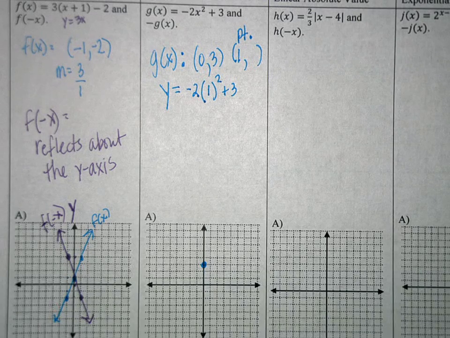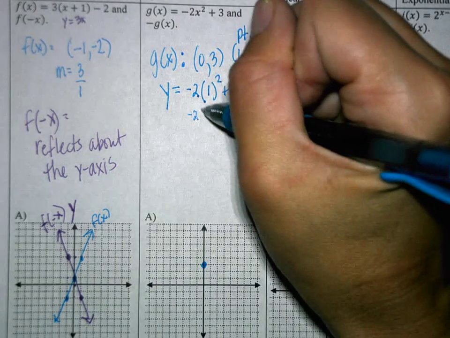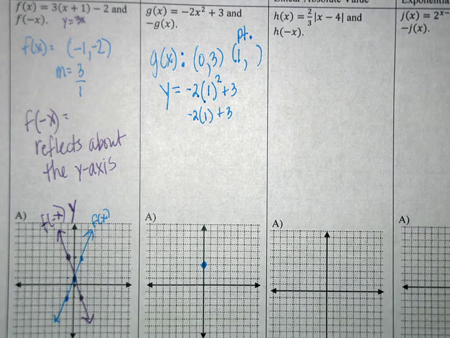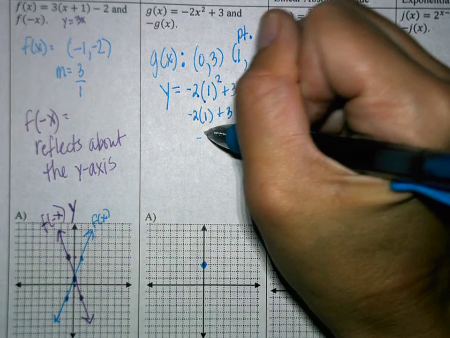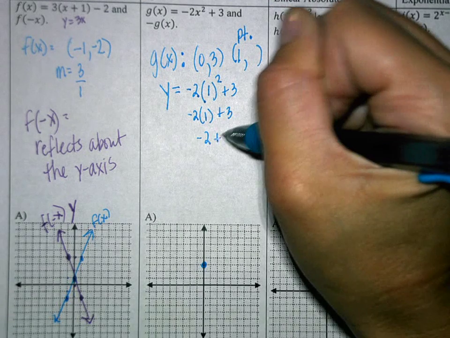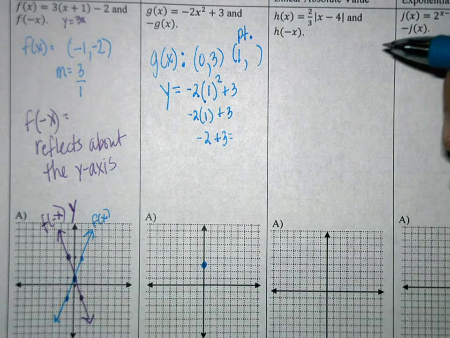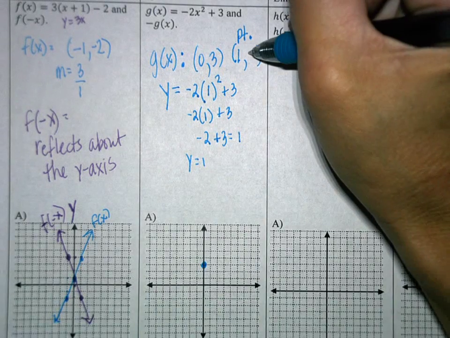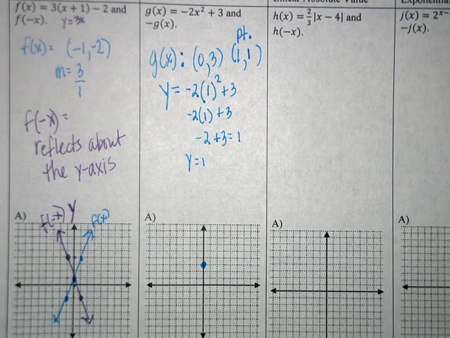So we simplify. 1 squared is what? 1. And so we go negative 2 times 1 plus 3, and negative 2 times 1 is negative 2 plus 3, which equals 1. So y equals 1. So my point is 1, 1.